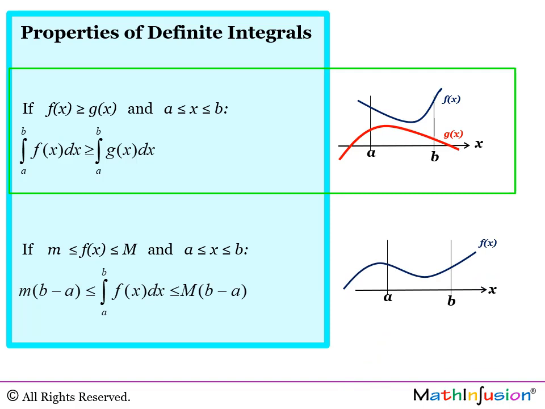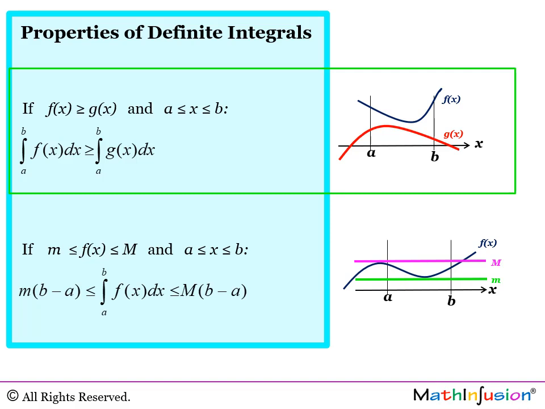So here is the situation. Here is the line that represents y equals capital M. As you can see, M is greater than or equal to f(x) on the interval ab. And this line represents y equals m, where m is less than or equal to f(x).